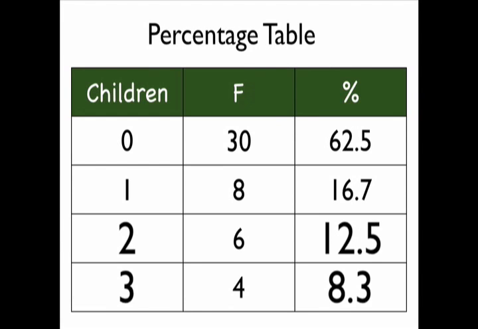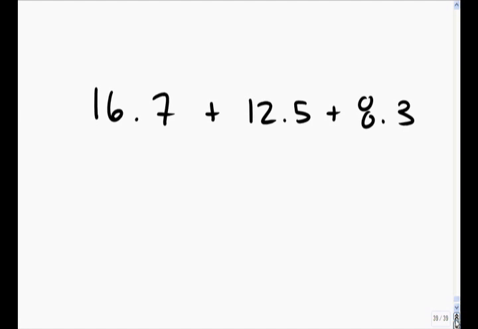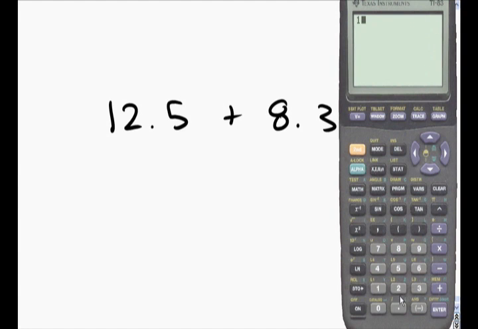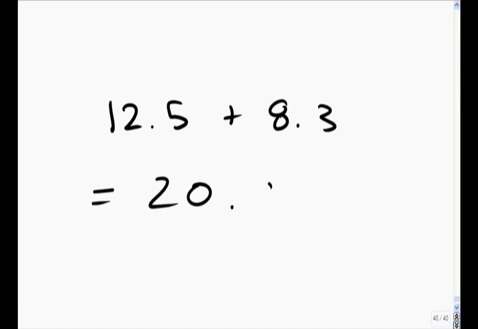Take the 12.5 and the 8.3 and add these percentages. 12.5 plus 8.3 is 20.8. 20.8% of the class has at least 2 children.